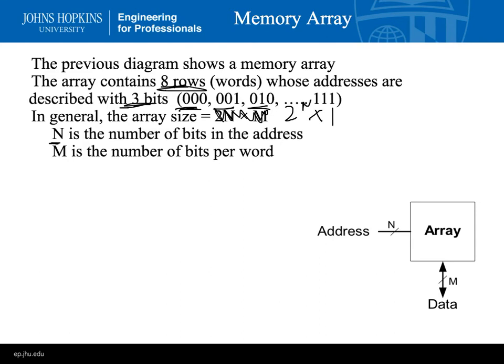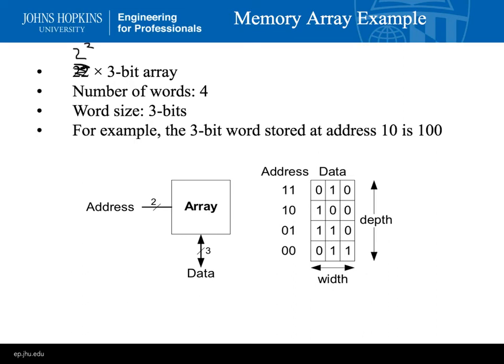So the size would be 2 to the n, times m. Here's an example where the width is 3 bits, and there are 4 rows. So the number of words is 4, so the address takes 2 bits, and the word size is 3 bits.